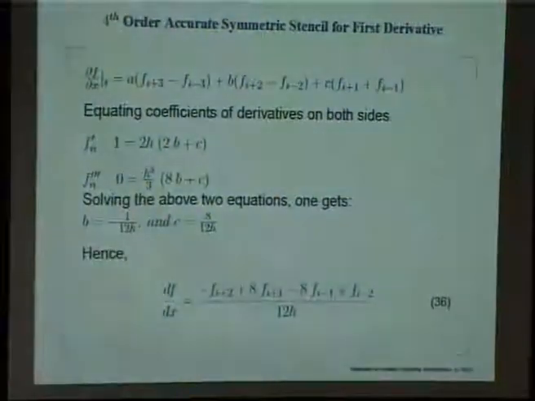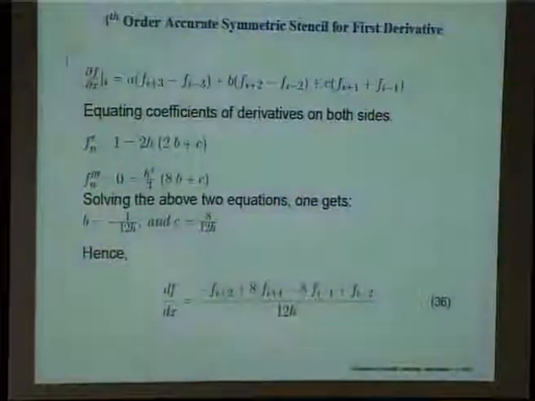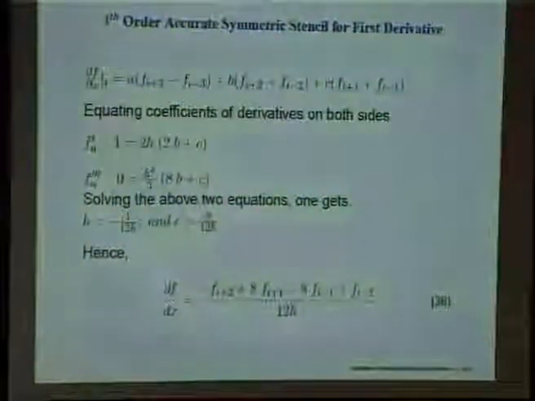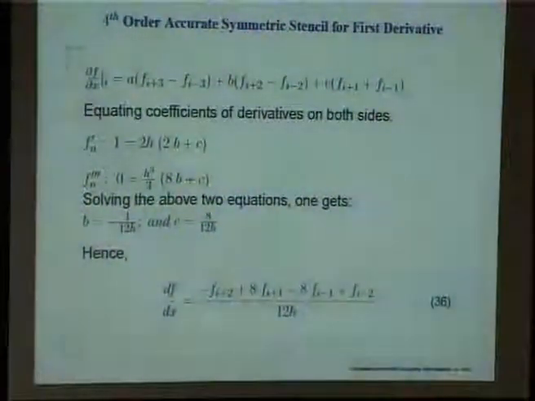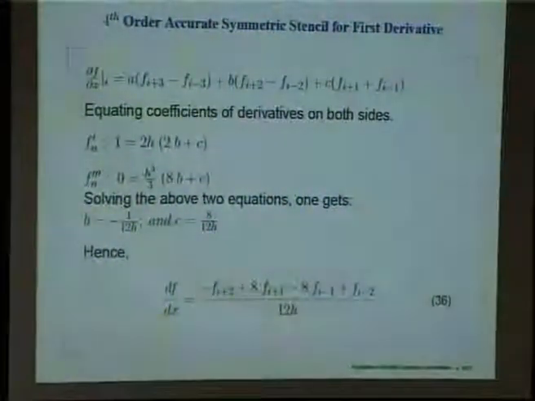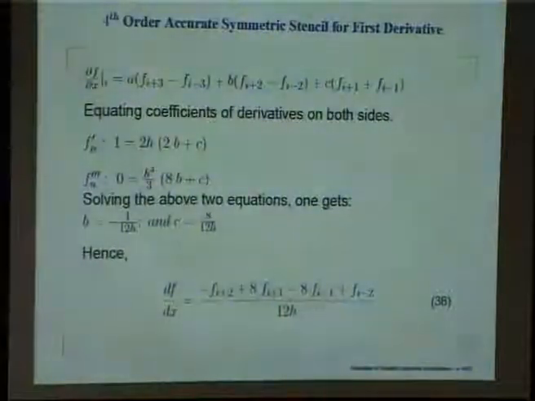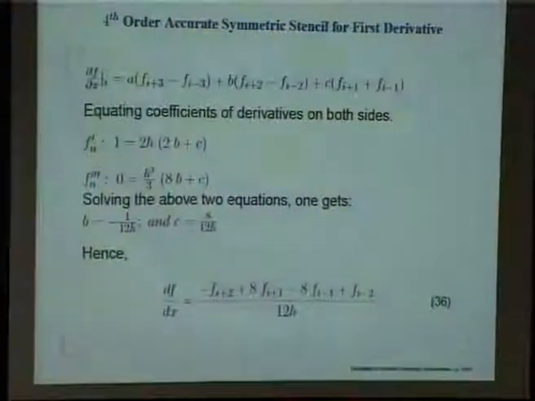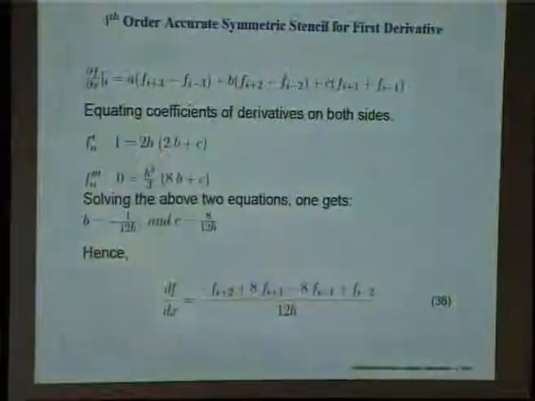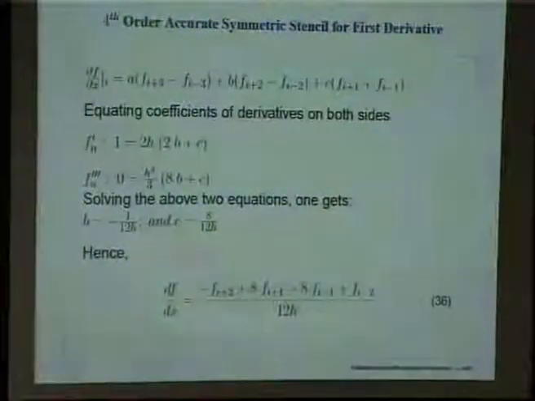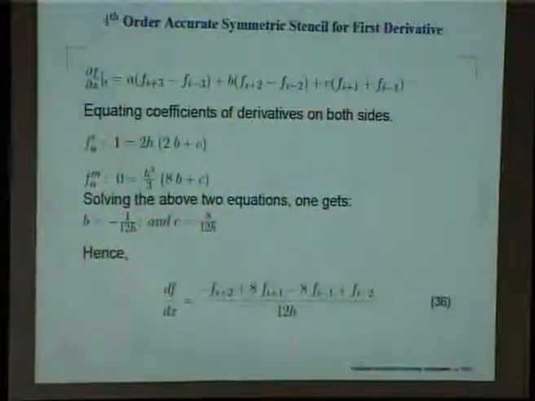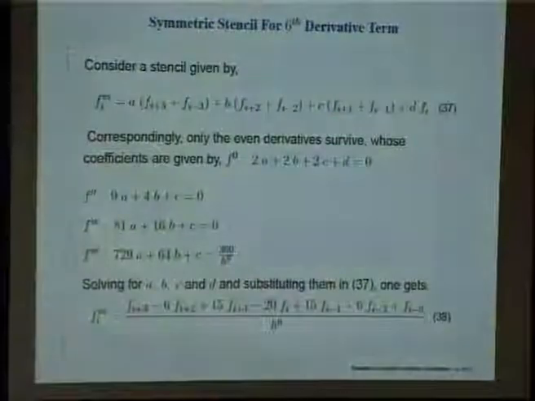So, even this is unnecessary, and then we equate to fix these 2 constants B and C by equating the coefficients of f prime and f triple prime and solve them, you get this. So, this is your 4th order accurate expansion for the first derivative. Again, this is a non-dissipative formula and symmetric stencil.